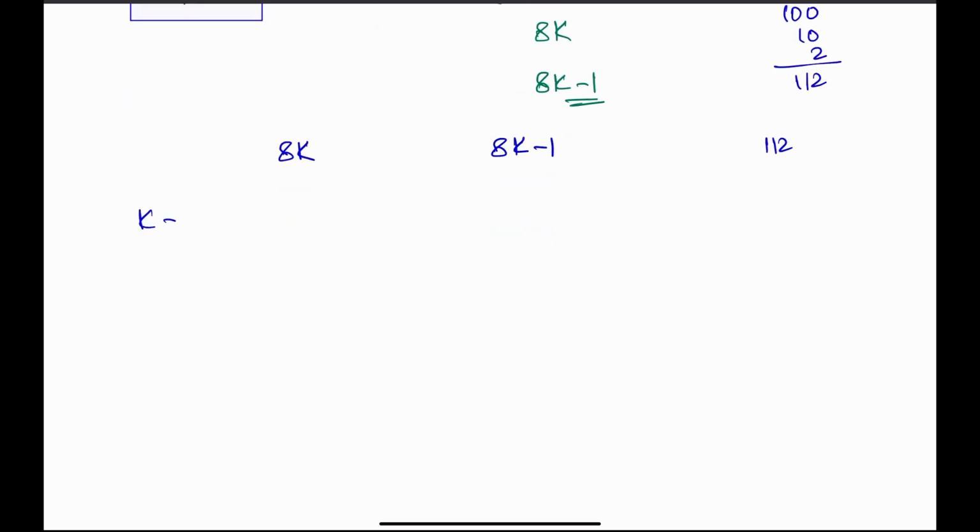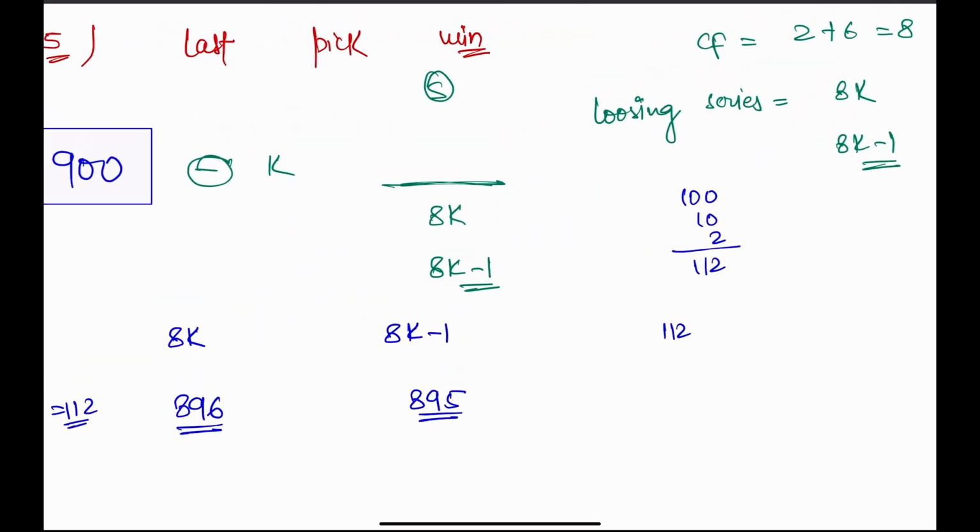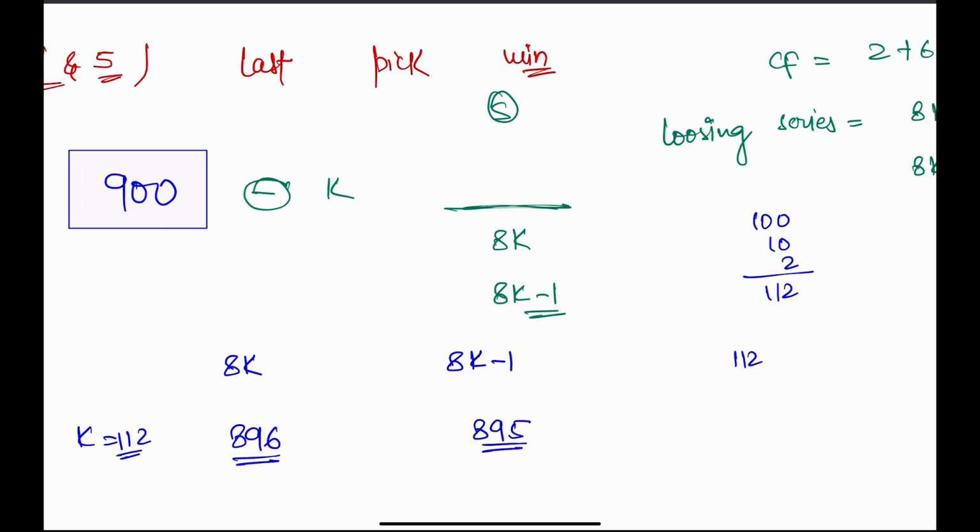If k is 112, how much will it be? 100 into 8, 800. 800 plus 80 plus 16 is 896, and 8k minus 1 will be 895. So we know that Kushal has to bring Shreya onto either 896 or 895.